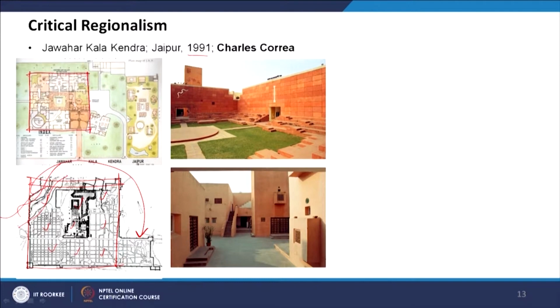On the side where people enter, one cube which is part of the Navagraha is removed and shifted here to make a courtyard through which they can enter the building.